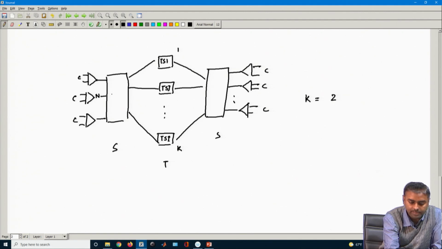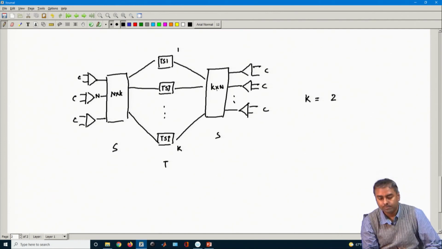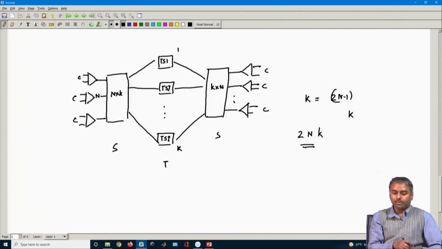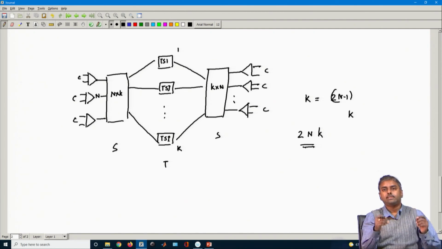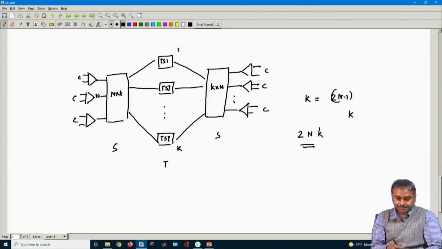Of course, these would be n cross k space switches and k cross n. So, basically the amount of space switching will be much higher, because it will be 2n into k if your k is 2n minus 1. That is the switching dimension that you will be requiring, so the space switching elements required will be much higher over here.